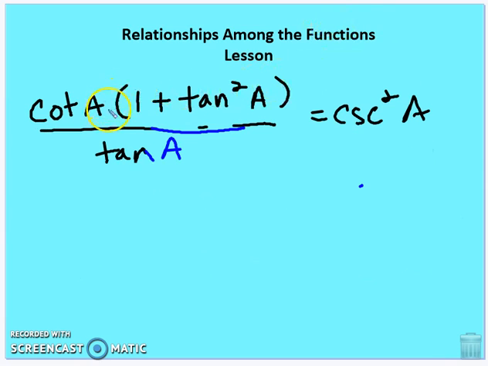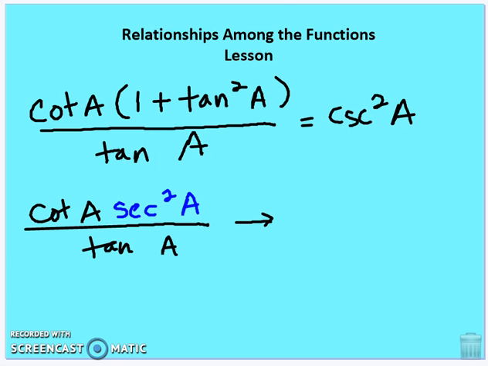And then the last problem, cotangent A times 1 plus tangent squared A over tangent A. And we're trying to prove that's equal to cosecant squared A. So we take cotangent A times 1 plus tangent squared A. We rewrite as secant squared A over tangent A, which I can rewrite as cotangent A times secant squared A, because 1 over tangent is the same as cotangent.